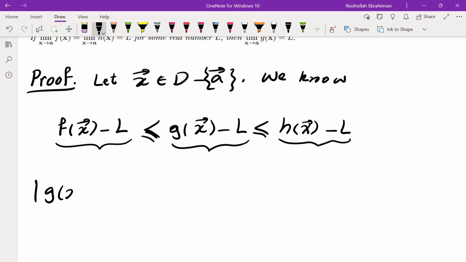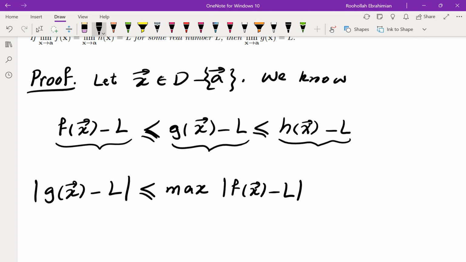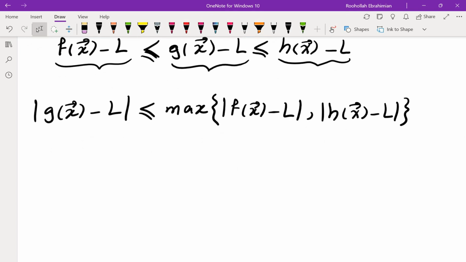Absolute value of g of x minus L is less than or equal to the maximum of absolute value of f of x minus L and absolute value of h of x minus L. So this is not very difficult to see, and the reason is this.